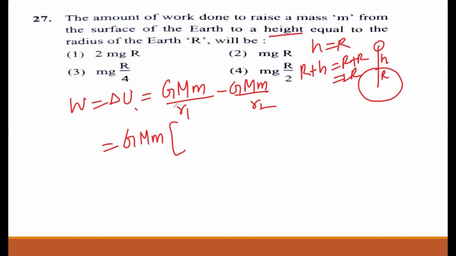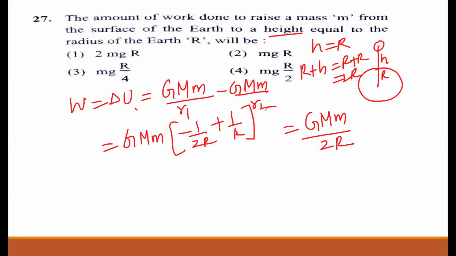So here we have a minus value: minus 1 by 2R plus, minus of minus, plus 1 by R. Taking the LCM 2R, minus 1 plus 2, that is 1. But GM by R is gR, so we'll substitute it here: gR into M by 2, that is MgR by 2. So the fourth option would be the correct answer here.